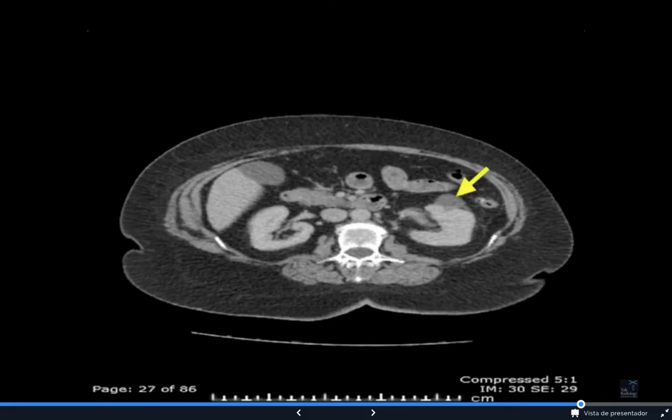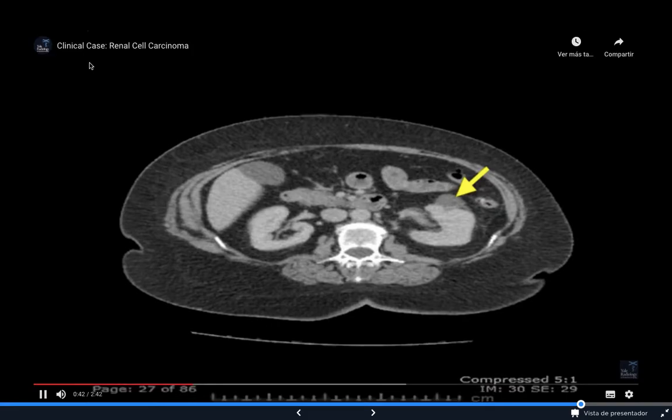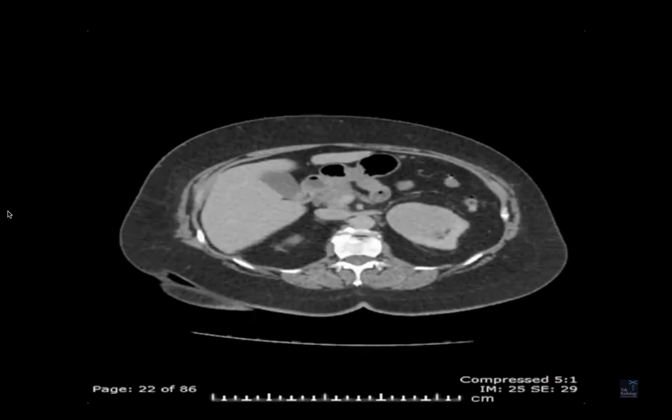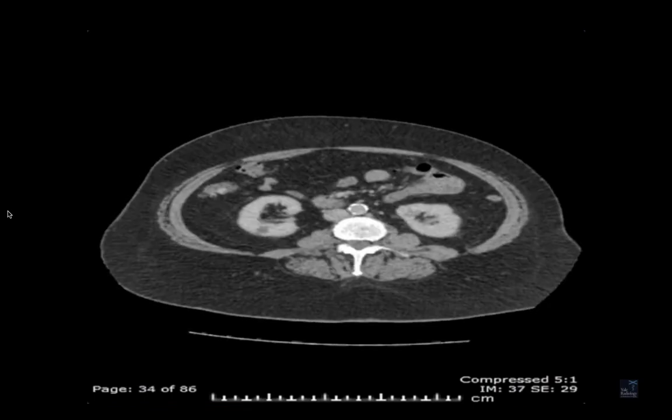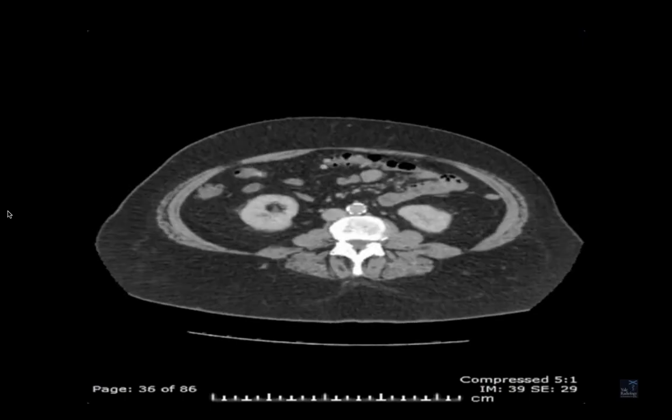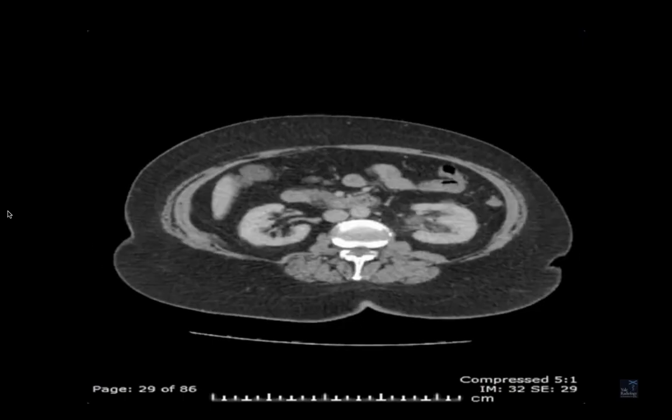However, if we observe its density value, and in fact measure it by putting a Hounsfield unit over this, we'll see that it measures simple fluid, somewhere between minus 20 and 20 Hounsfield units, thus indicating that it reflects a simple cyst. As we scroll through the right kidney, we can see that in the interpolar to lower pole region, there's another simple cyst. However, there are no solid masses arising from the right kidney to suggest a renal neoplasm.